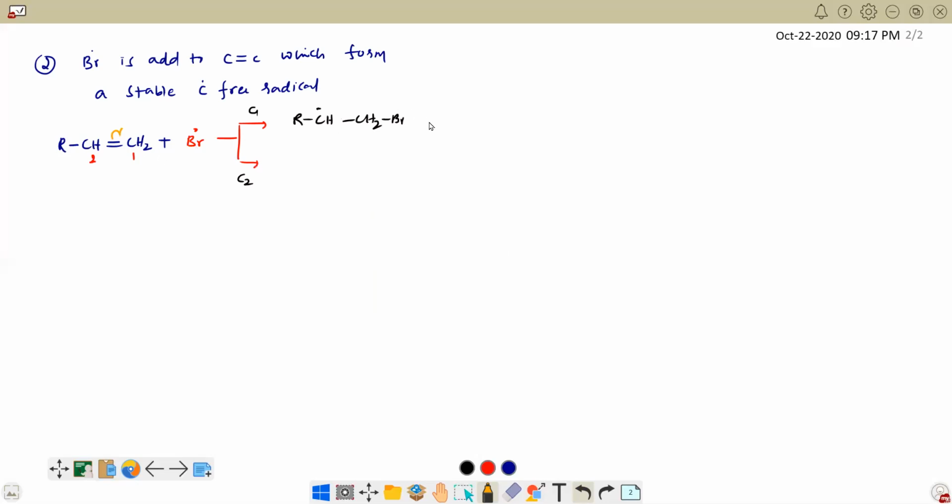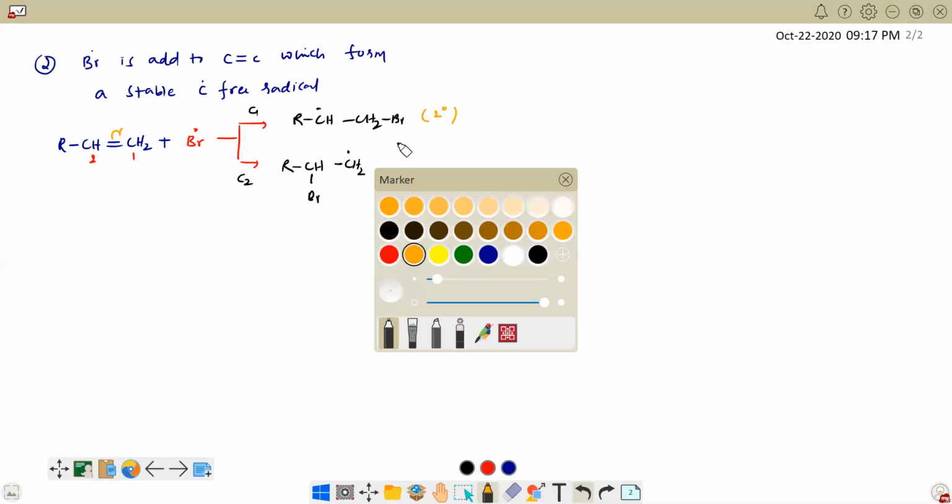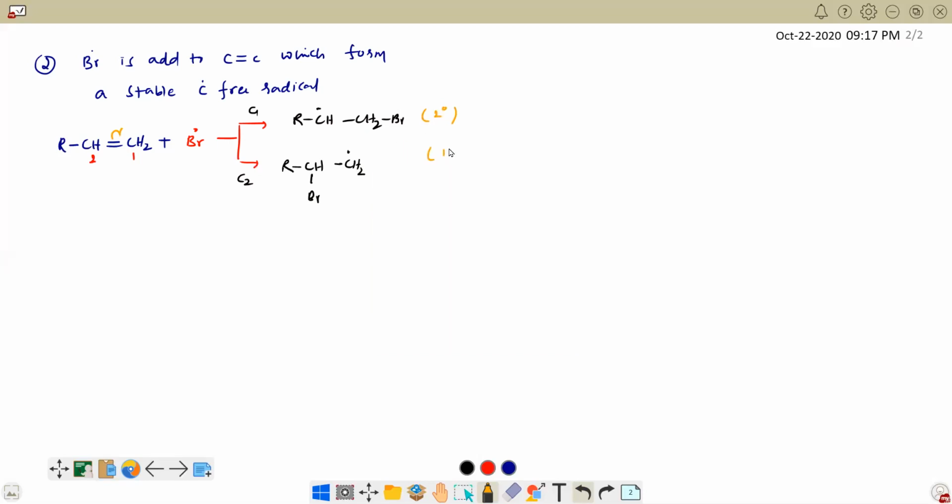Now this remains a 2 degree radical, right? Similarly, if you add Br to the second carbon, here it is CH2 radical, so simply a 1 degree radical. Out of these two, which is more stable? The 2 degree radical is stable. Correct?